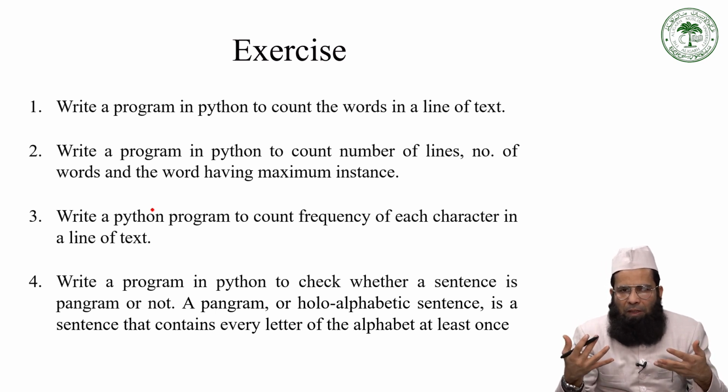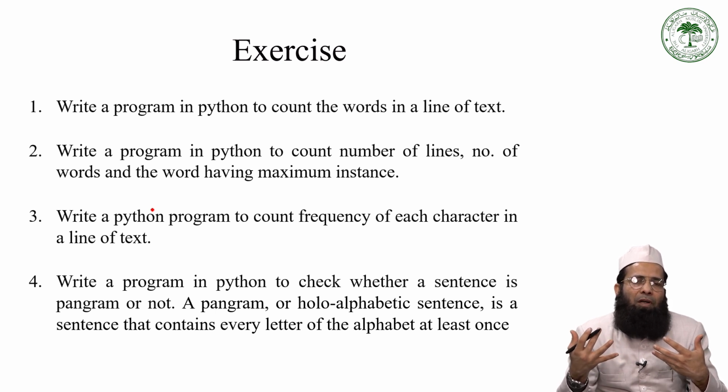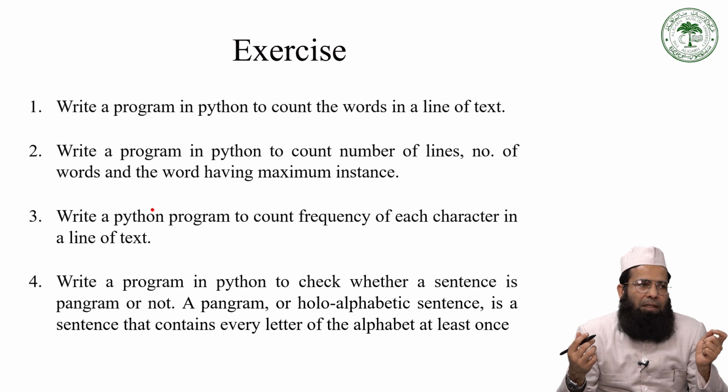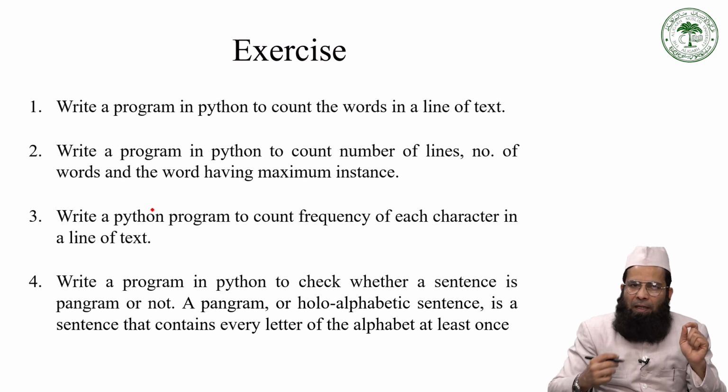First, we will store the individual characters in the form of a dictionary. Each character would be treated as a key, and its frequency would be treated as the value, right?